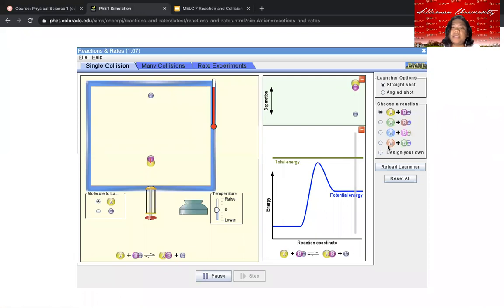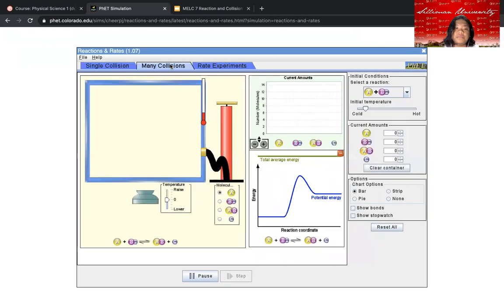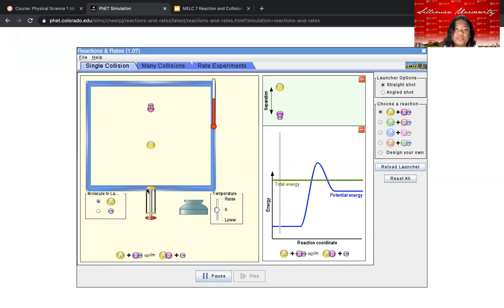So I'll go back to my simulation here. Let us try to reload our launcher and see if we can manipulate the angle here.